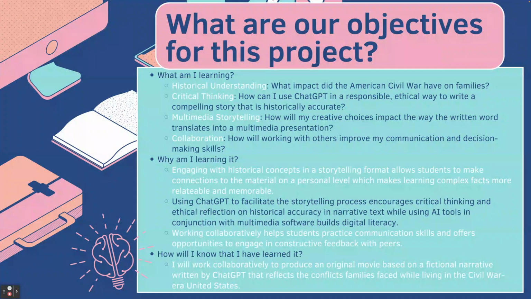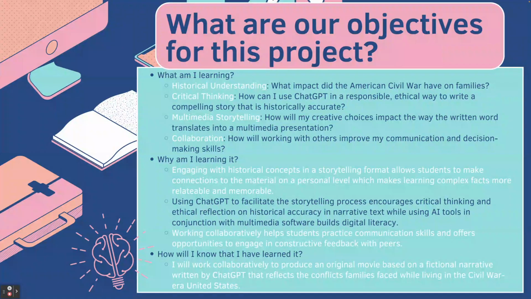Using ChatGPT to facilitate or to move forward the storytelling process is going to help you with critical thinking and ethical reflection. So, the difference between right and wrong when we're doing what we're doing. So, when it comes to historical accuracy within a narrative text, we want to make sure that we're making good decisions.